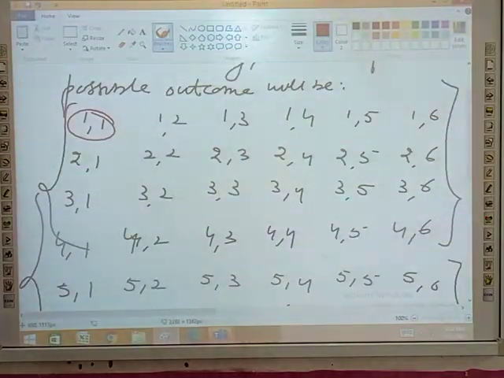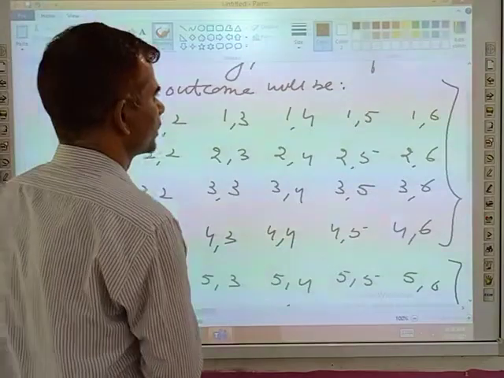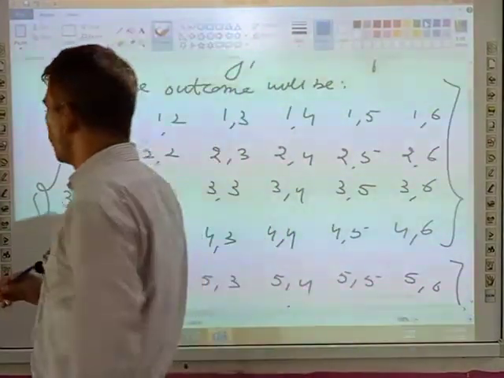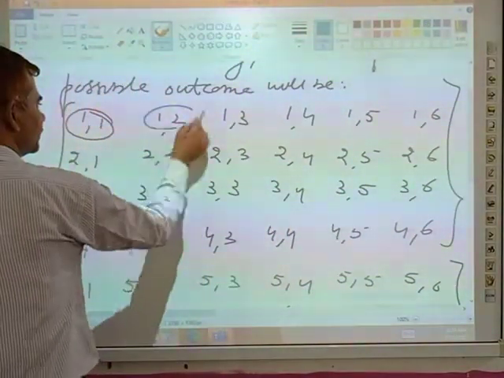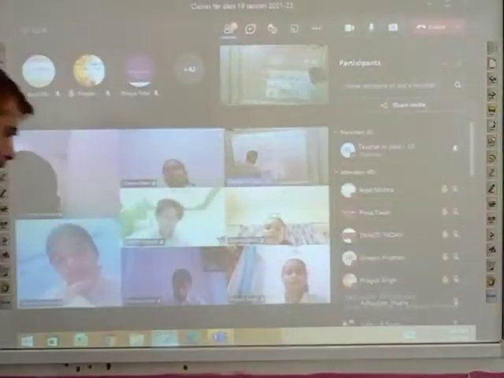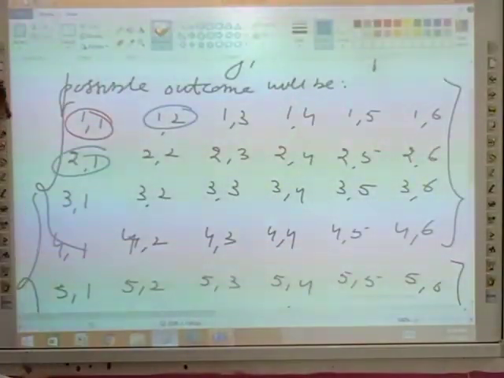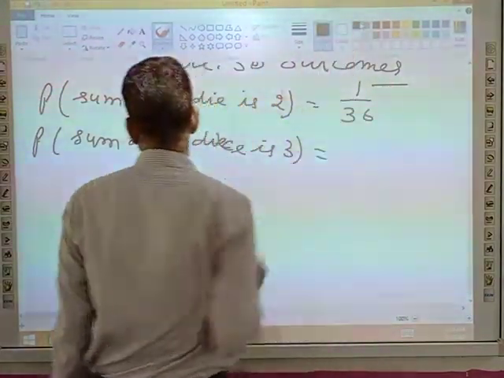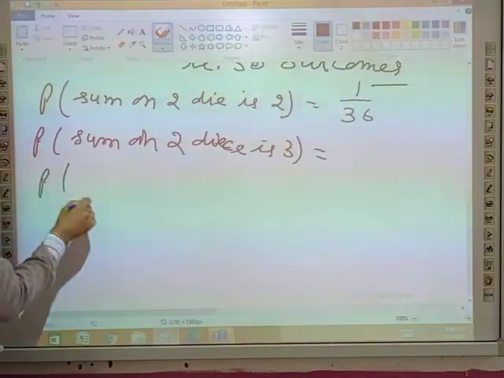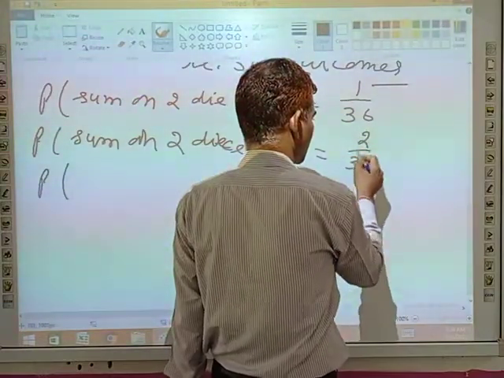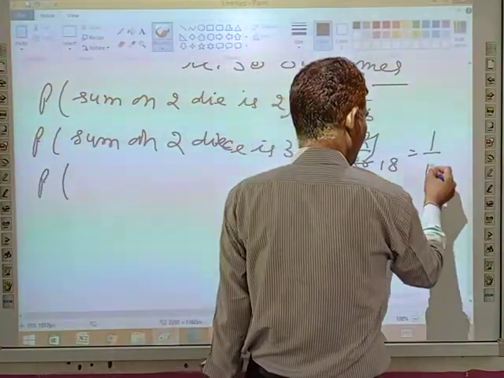Two cases: 1 plus 2 is 3, and 2 plus 1 is 3. So the probability that the sum is 3 is 2 by 36, that is 1 by 18.